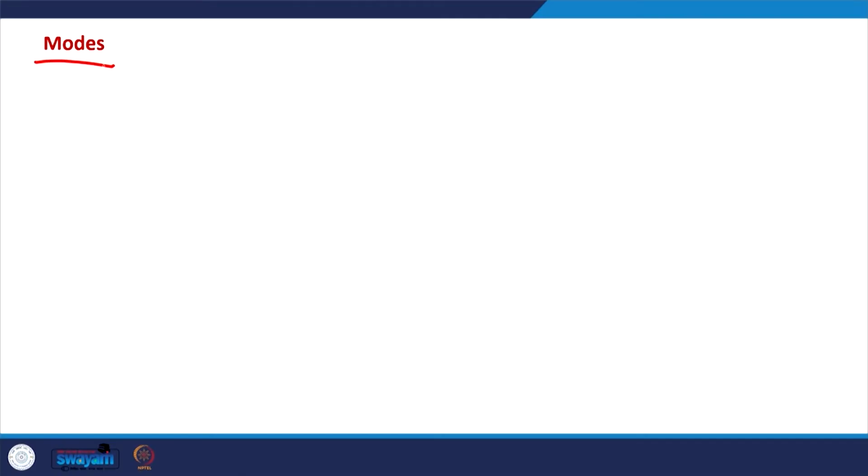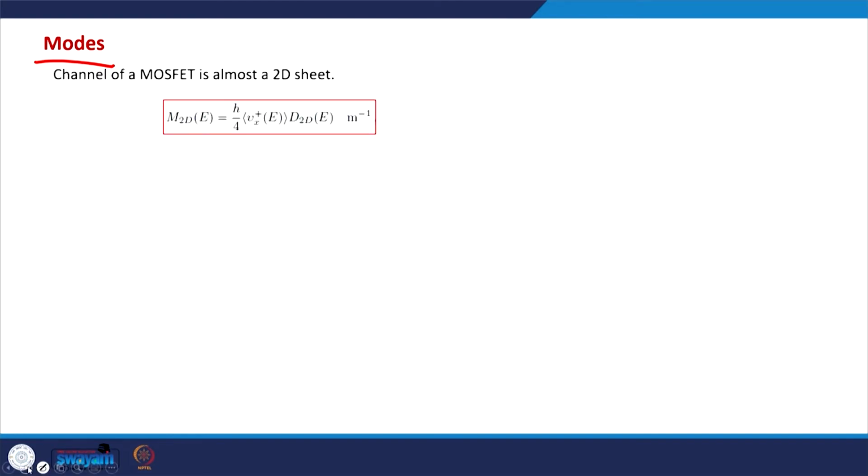Before going to the topic of the ballistic MOSFET, let us quickly revise the idea of modes in the Landauer transport model. The modes are defined as the conduction pathways, and this we have I guess repeated many times by now.